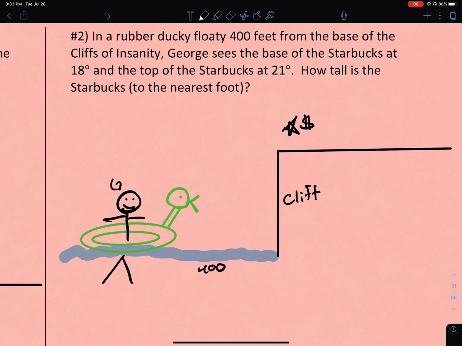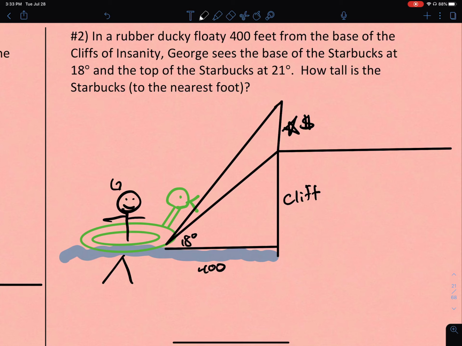Get it? Starbucks. So we got to here, which is 18 degrees, and then we got to the top. It's supposed to be vertical. To the top is 21 degrees.